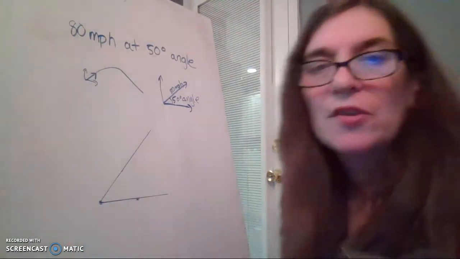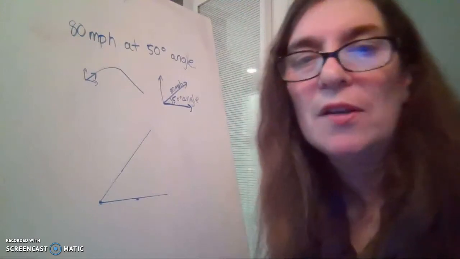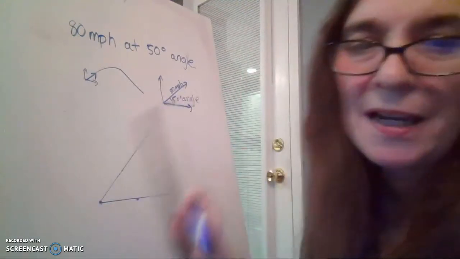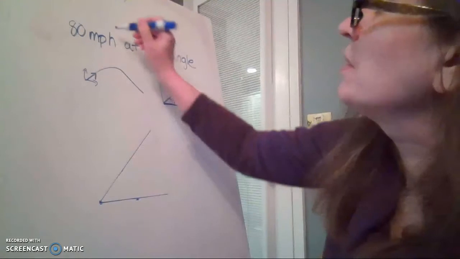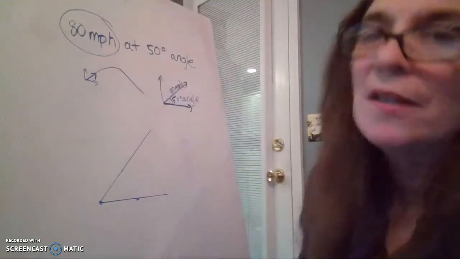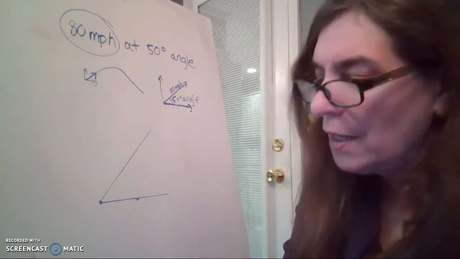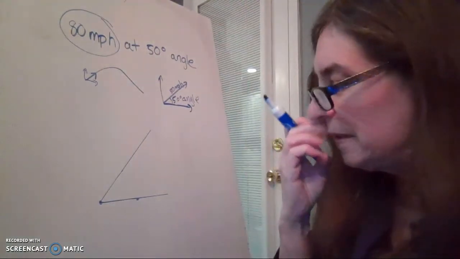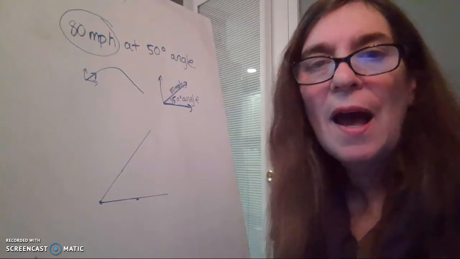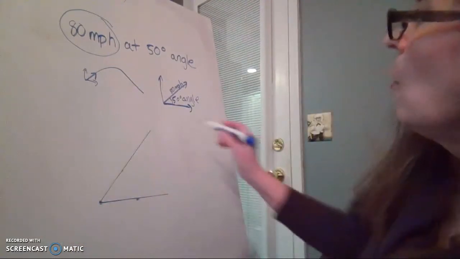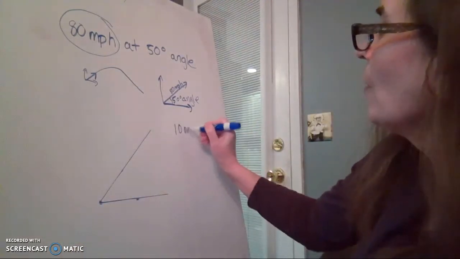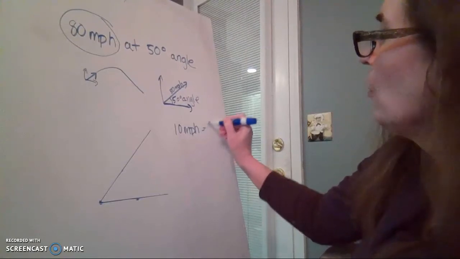Now I have to draw this to scale so I can use these lines and not just have them at any length I want. I have to make up a scale, and I need a scale that I can use 80 miles per hour with. So that you can see it on the screen, I can set 10 miles per hour equals 1 inch.